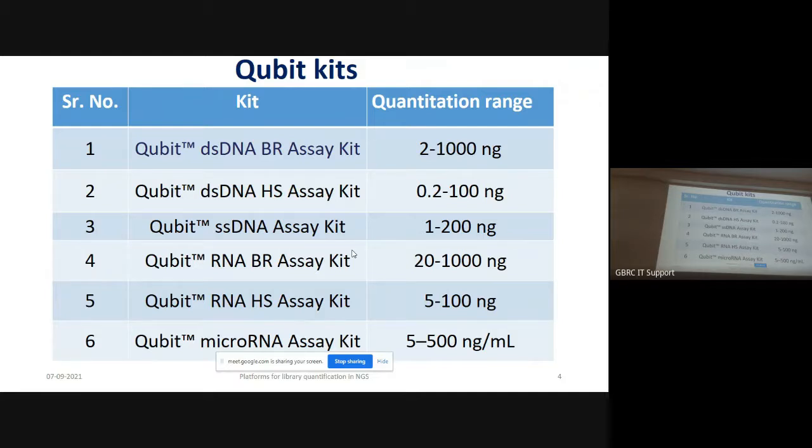Similarly, the Qubit DNA HS, high sensitivity assay kit; generally for the quantification of the library, we will be using this HS kit. The quantification range is 0.2 nanogram to 100 nanogram. Likewise, for single stranded DNA there is also a kit. For RNA quantification, there are the RNA BR and RNA HS kits, and also a kit for microRNA quantification.